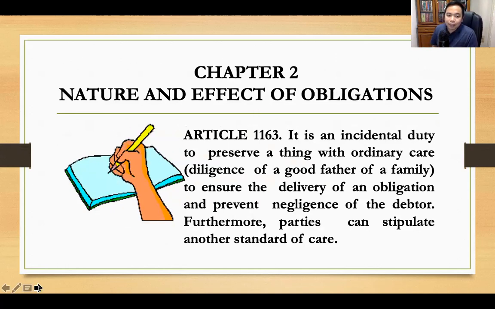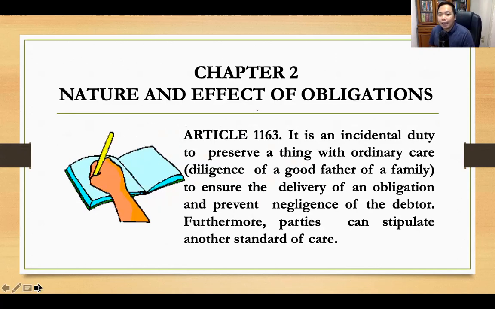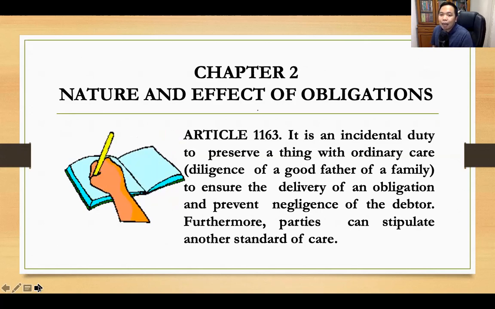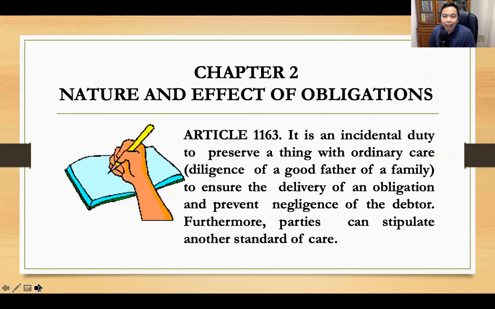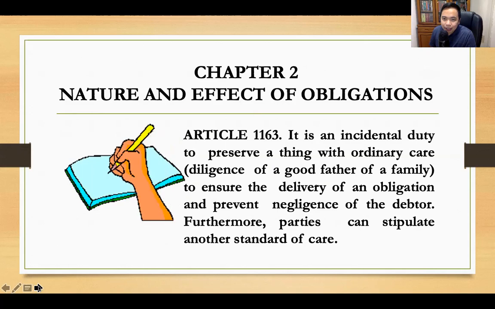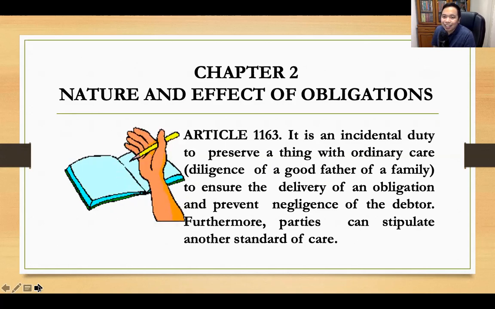Article 1163 will apply only if the object of the obligation is specific. It will not apply in case the object is generic or indeterminate. Not the Generics Pharmacy, class. That is different. Okay, 1163 will apply only to specific objects.